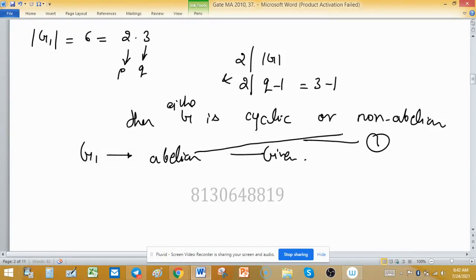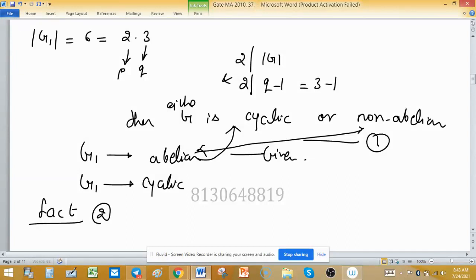So consider these two conditions. If it is abelian, then G is cyclic; otherwise G would be non-abelian. So G1 must be cyclic, and we use fact 2 here. If G is cyclic, then for every divisor d which divides the order of G, there exists a unique subgroup of order d.